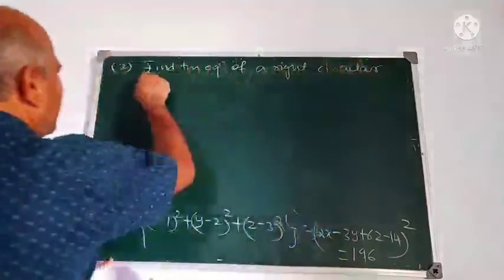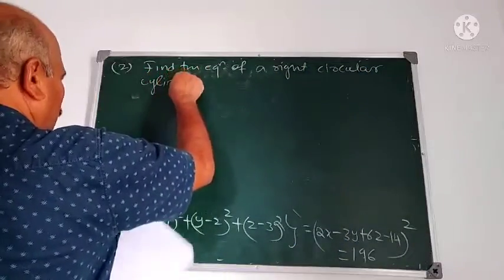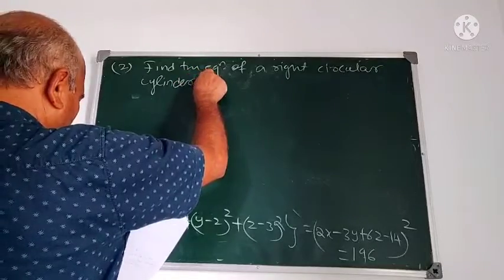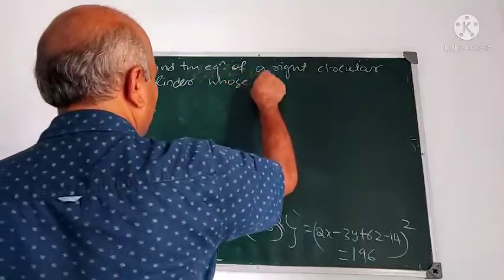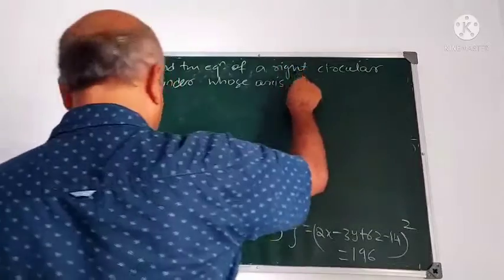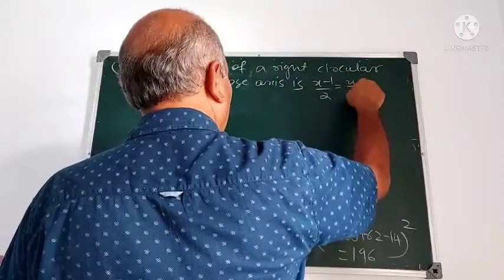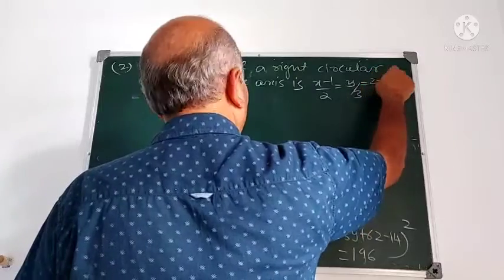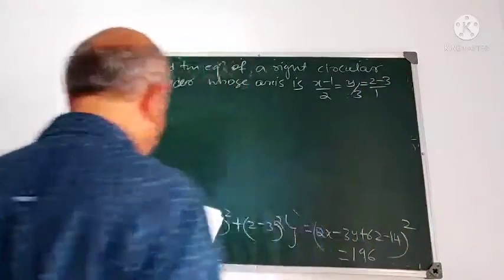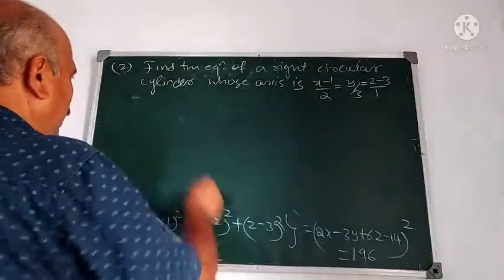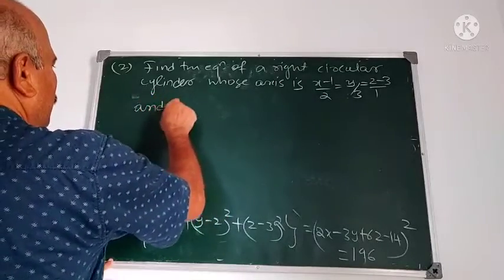Right circular cylinder whose axis is (x minus 1) by 2 is equal to y by 3 is equal to (z minus 3) by 1 and radius 2.